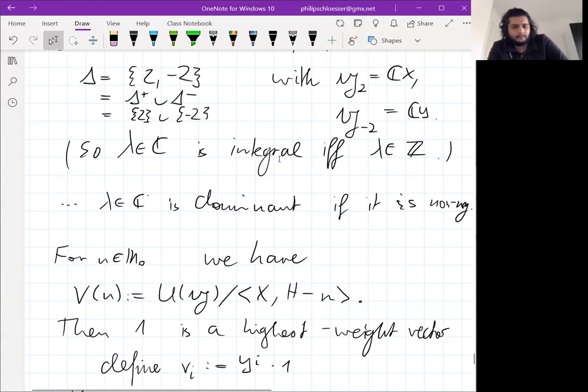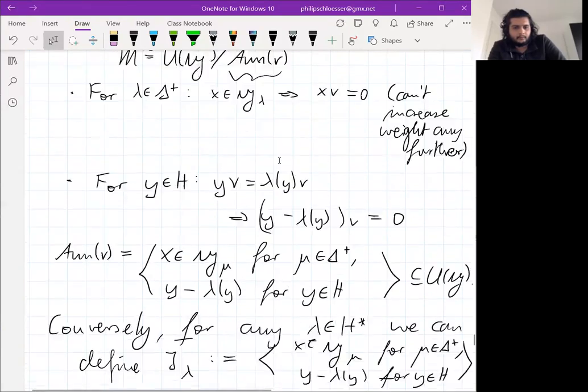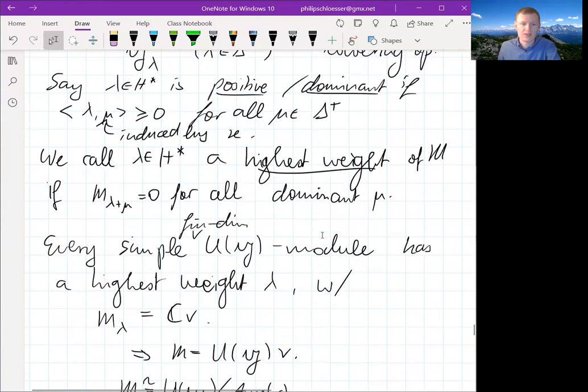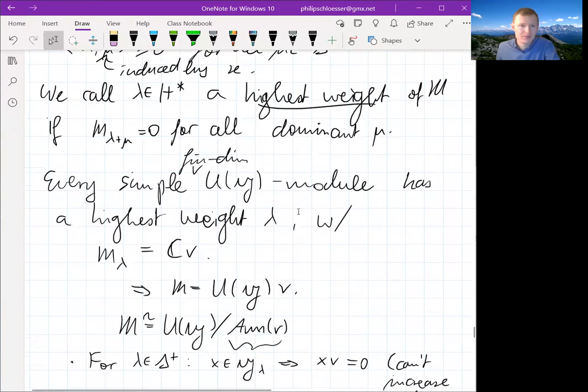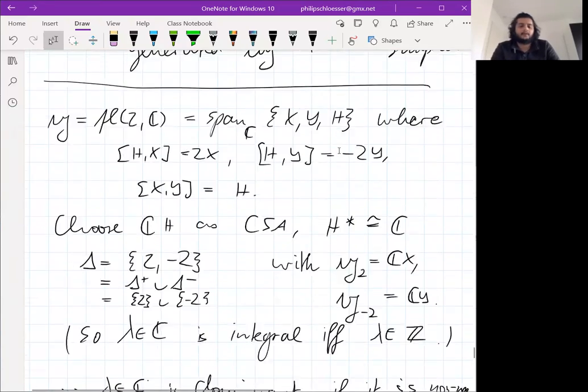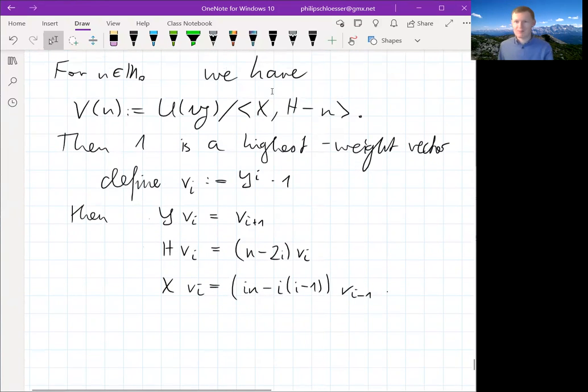If you go up slightly, at some point I say every finite dimensional simple module has a highest weight. So what we did is we created a simple module by the division. Okay, I see. And in fact, these are all the simple modules.